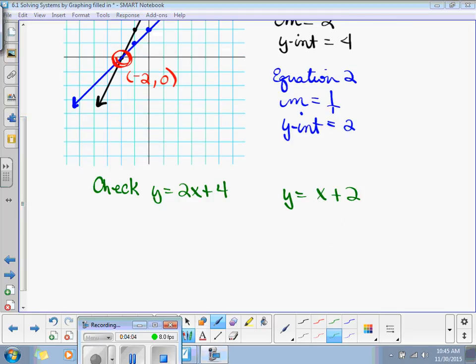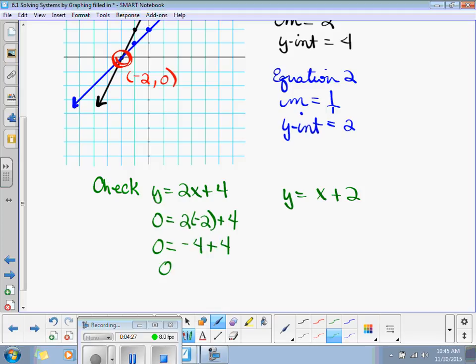In order to check to see if that is the correct solution, you're going to take x is -2 and y is equal to 0 and just plug it into your equation. So we've got 0 is equal to 2 times -2 plus 4. So that's 0 is equal to -4 plus 4, and that's going to give me 0 is equal to 0.